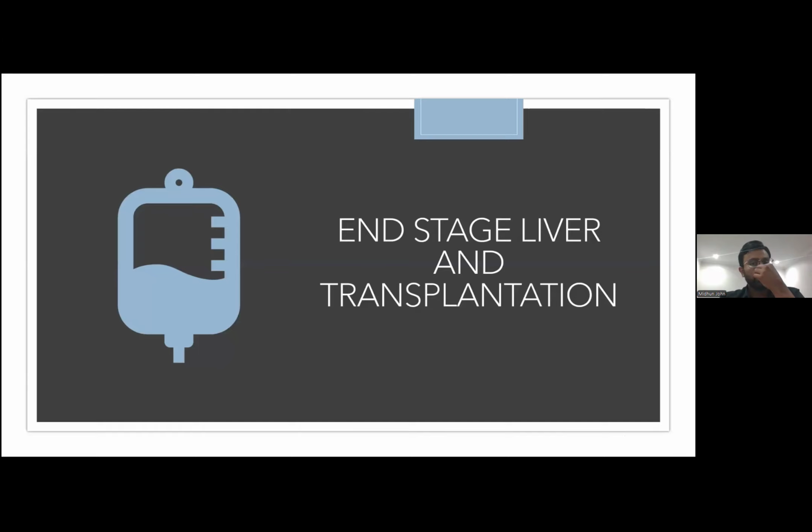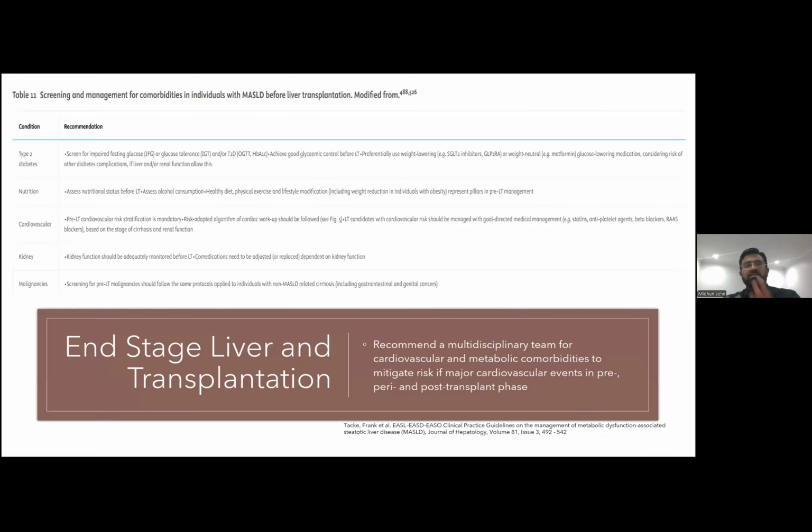Then with regards to end-stage liver disease as well as transplantation, it is obviously a disease with a lot of comorbidities and a lot of issues that can affect our body. So you need, as with all of our transplant cases, a multidisciplinary team that looks at all the cardiovascular and cardiometabolic risk factors and tries to mitigate each one as best as possible.